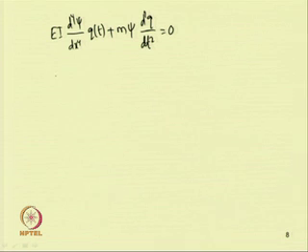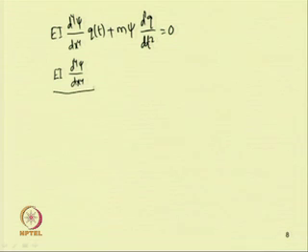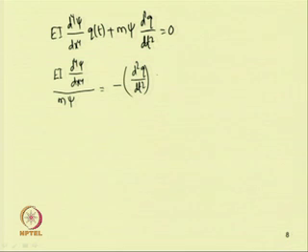this way. So, it will be EI d⁴ψ/dx⁴ divided by mψ, it will be equal to minus d²q/dt² divided by q.